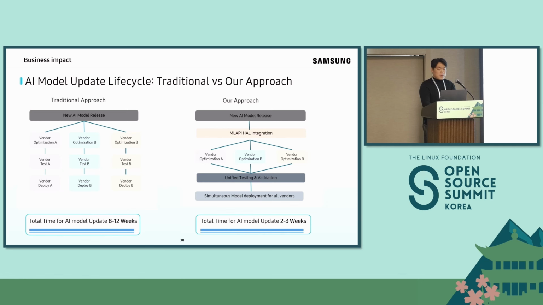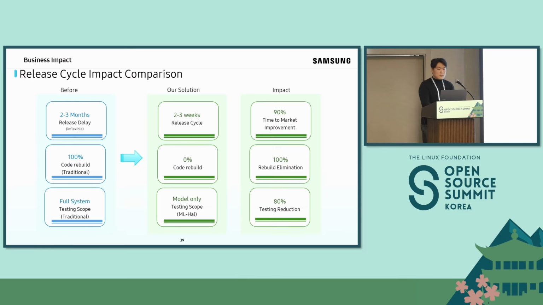This approach eliminates the sequential issue that arose during updates and removes unnecessary code changes between app developers and model developers. As a result, the time required to release a new AI model, which previously took 8 to 12 weeks, has been reduced to just 2 to 3 weeks.